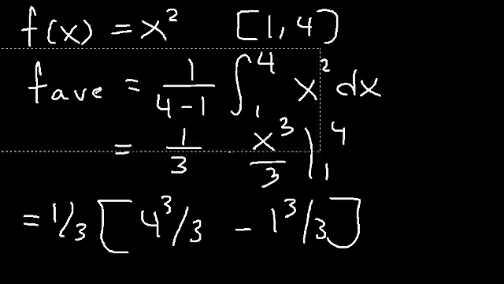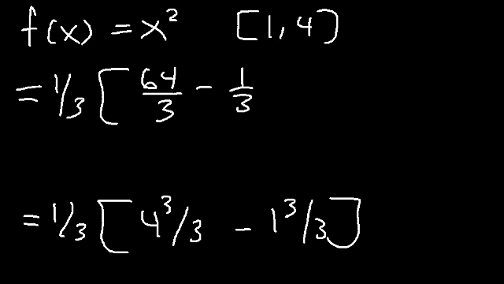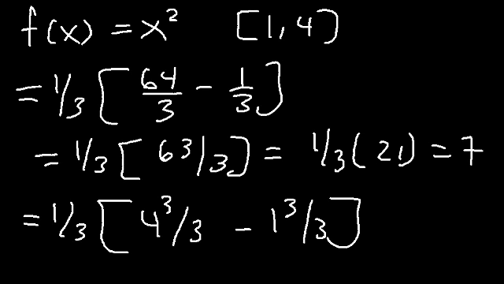Now what's 4 to the 3rd power? 4 cubed, which is 4 times 4 times 4, that's 64. So this is 64 divided by 3 minus 1 over 3, which is 64 minus 1, or 63. And 63 divided by 3 is 21. And 1/3 of 21 is 7. So therefore, the average y value is 7.